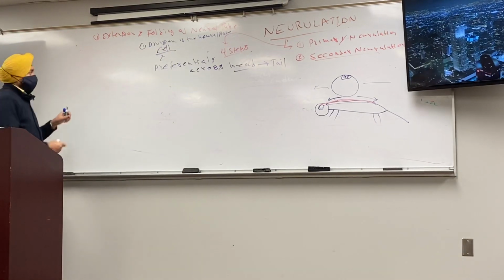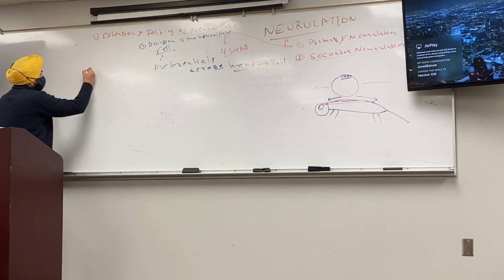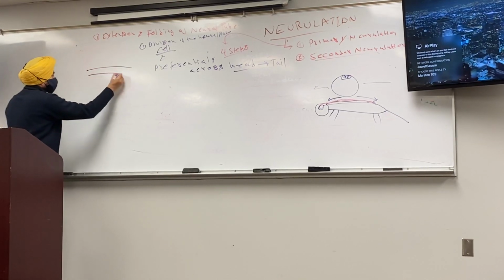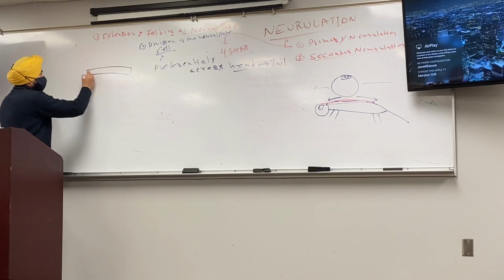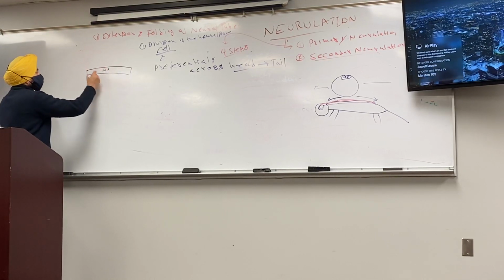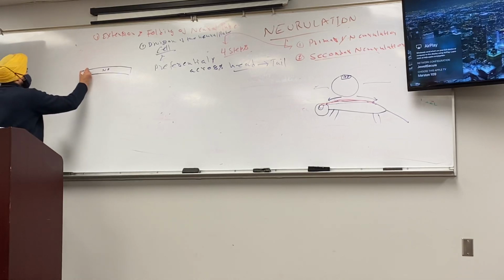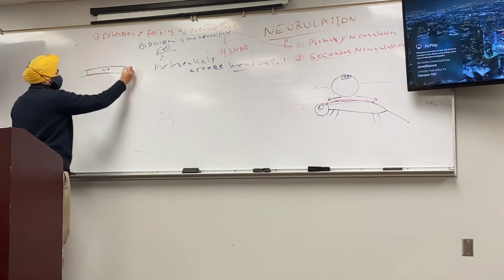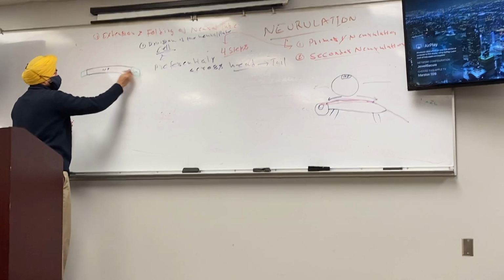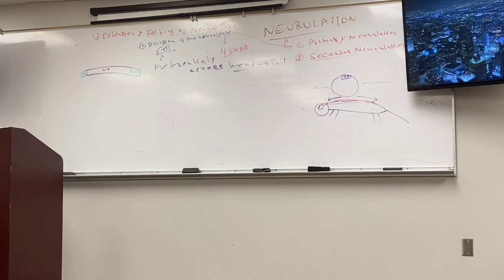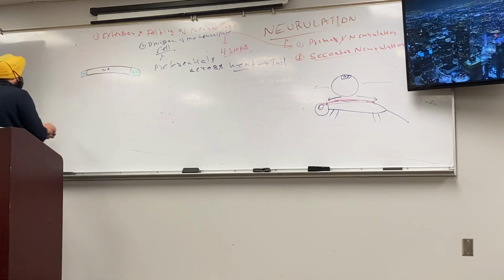Okay? So think about like we have, so this is your neural plate. And this neural plate is surrounded by what we said here will be your neural crest cells, right? And those neural crest cells will be surrounded by the epidermis.